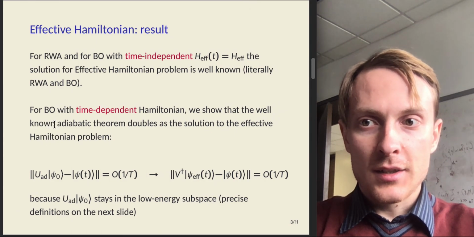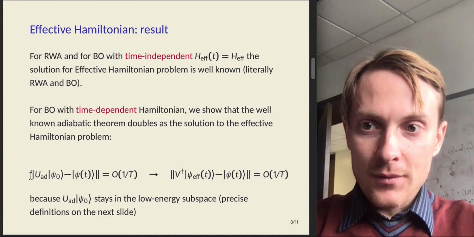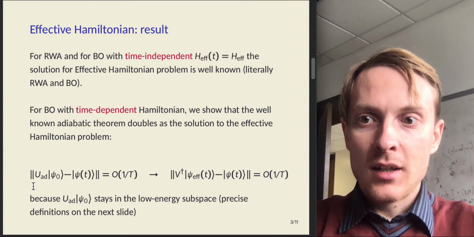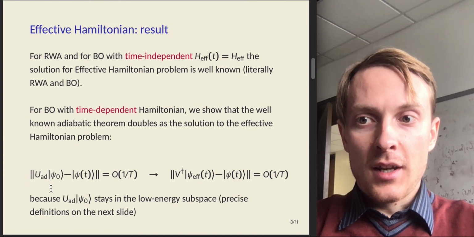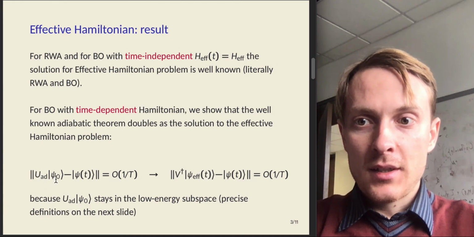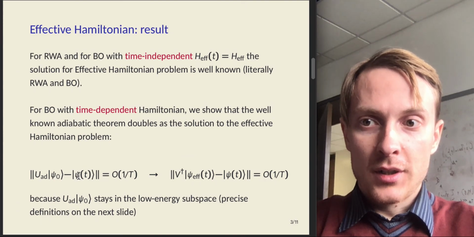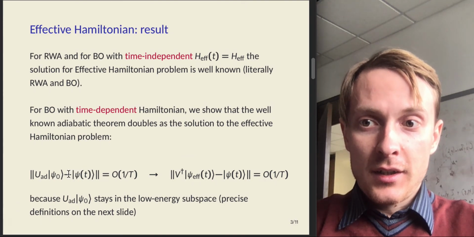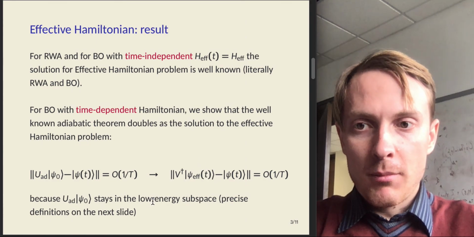And that result is the adiabatic theorem. In fact, the statement of the adiabatic theorem is that there is some effective evolution that stays in a low energy subspace. And this effective evolution is exactly what we wanted in our effective Hamiltonian problem.